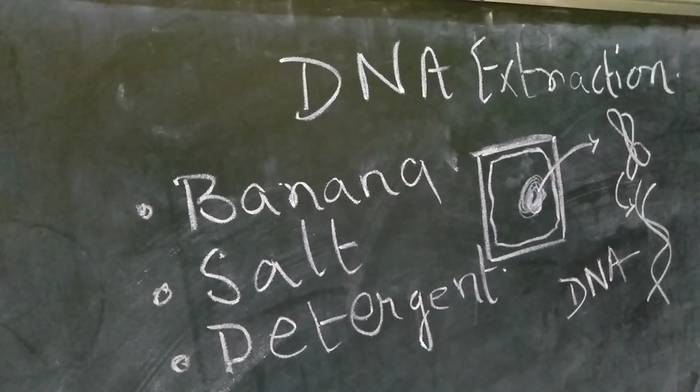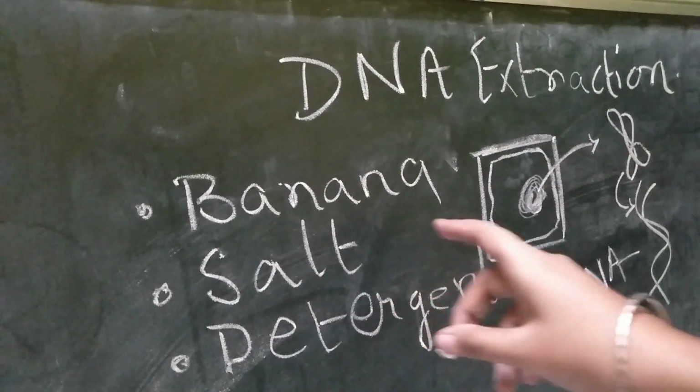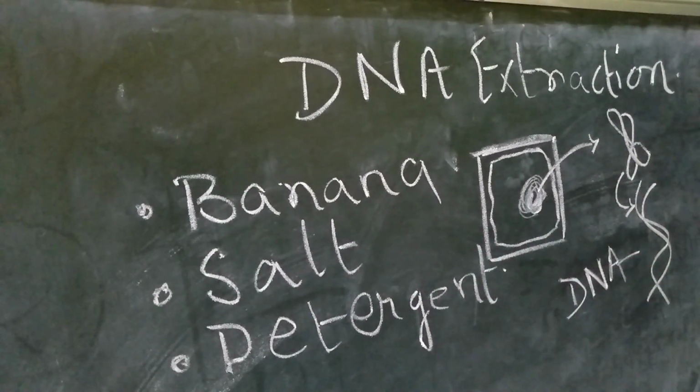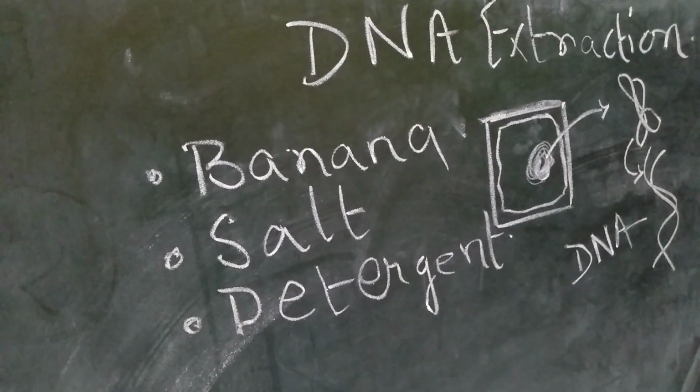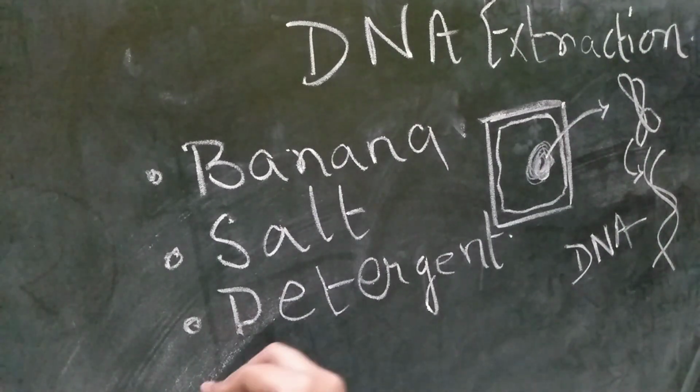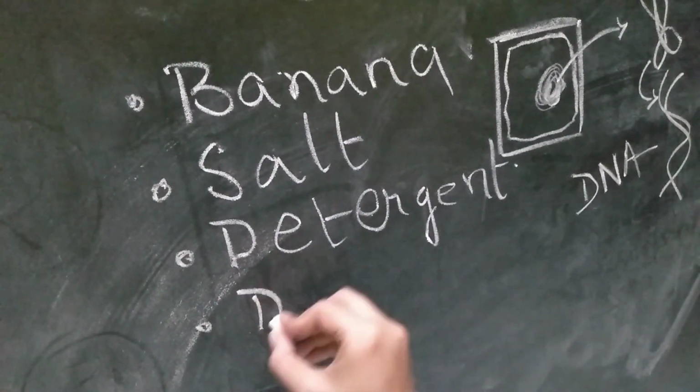And the salt will precipitate the higher molecular weight proteins and RNA, so that we can get the pure form of the DNA. So salt and detergent provide the lysis property in the DNA extraction. The fourth thing that we need is water, obviously distilled water.